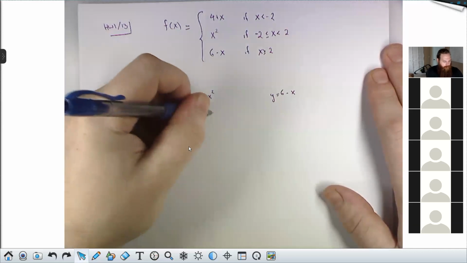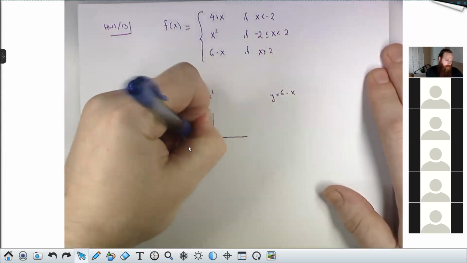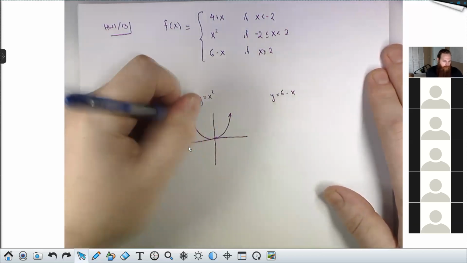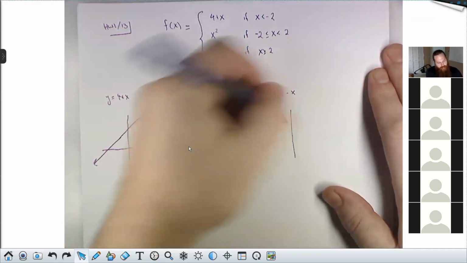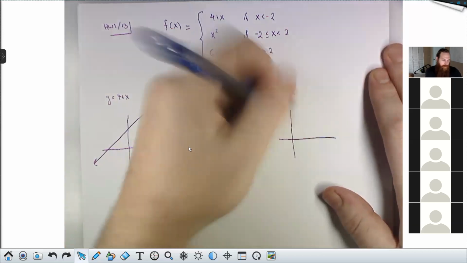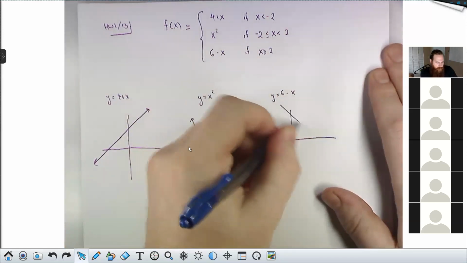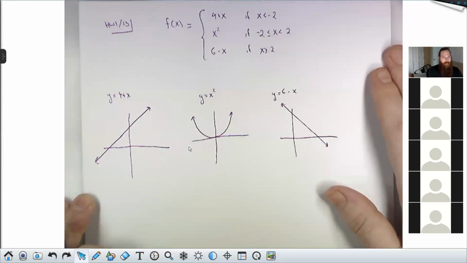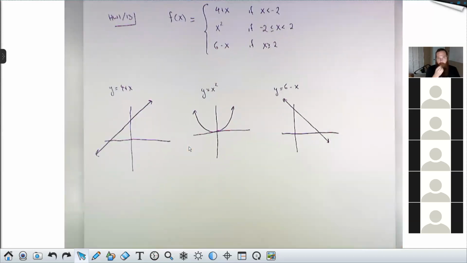X squared, like this. And 6 minus x, it's like this. Each of these are functions we know well.